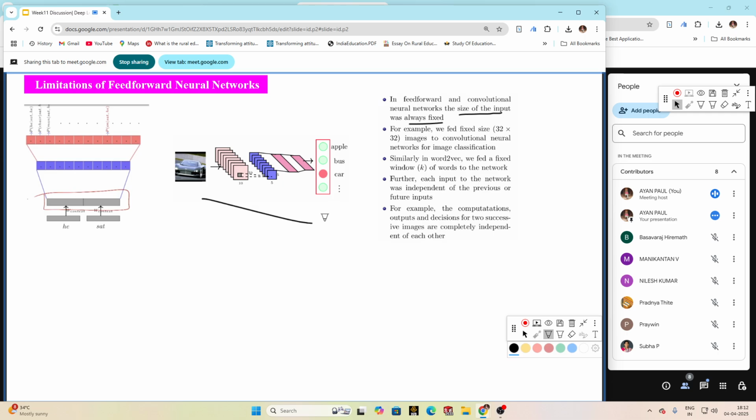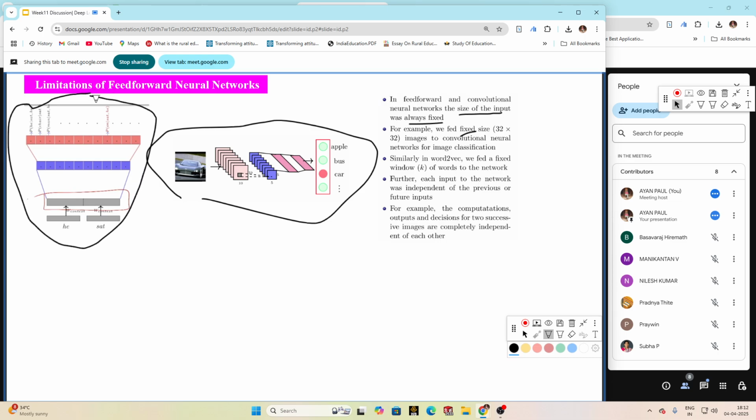For example, in this convolutional neural network, the image applied as input will be of fixed size. Here, the image is of size 32 cross 32. Similarly, in this feed forward neural network, the word2vec example, the input is of a specific size that depends on the window size we are taking.